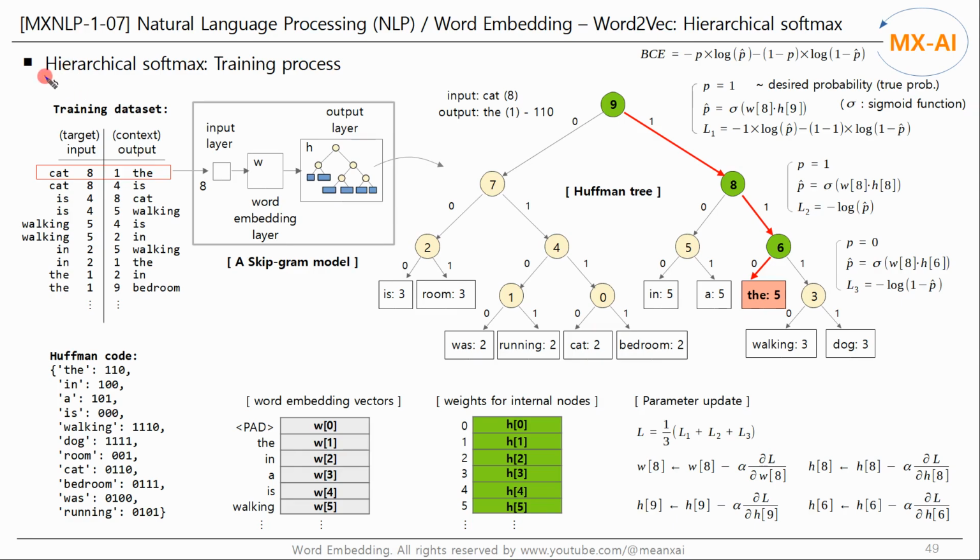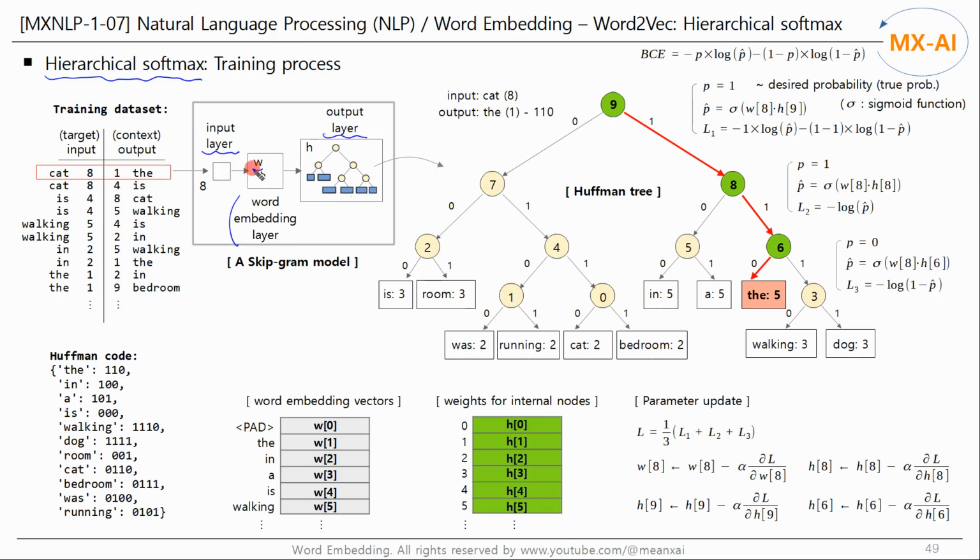Next, let's look at a hierarchical softmax based on the Huffman tree. Let's say we have a skipgram model with hierarchical softmax as follows. This model consists of an input layer, a word embedding layer, and an output layer consisting of a Huffman tree.